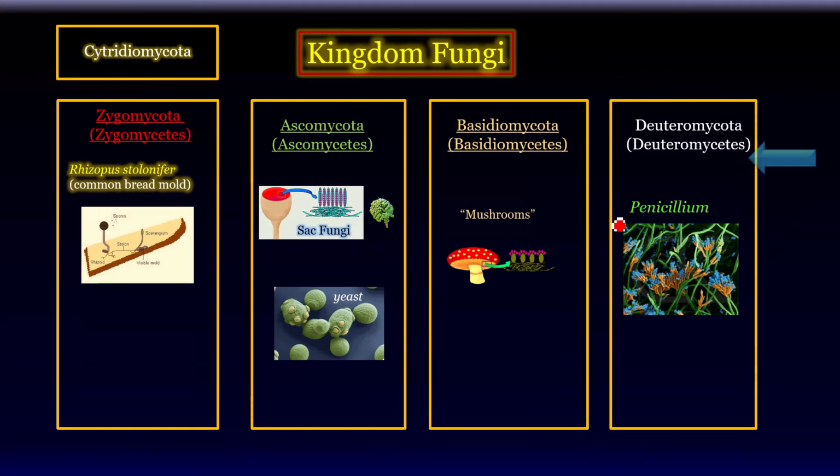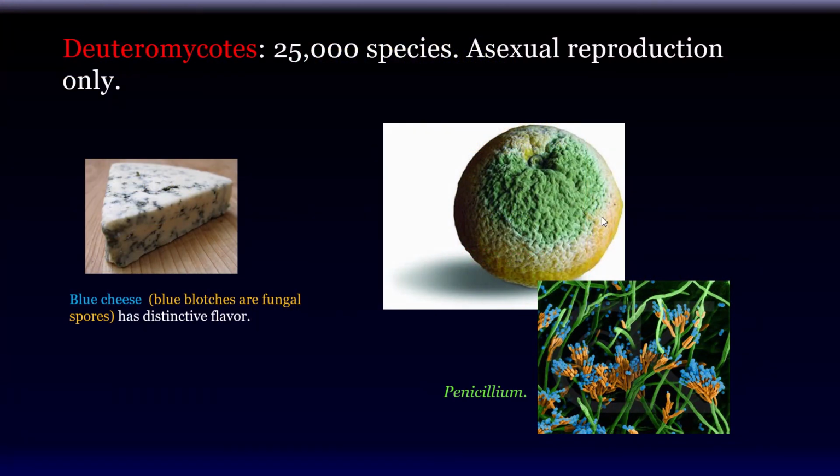So that's the Basidiomycota. The last of these is the Deuteromycota, and this includes Penicillium. There are apparently 25,000 some species, and they're unique because they do not have sexual reproduction. They only reproduce by asexual reproduction.